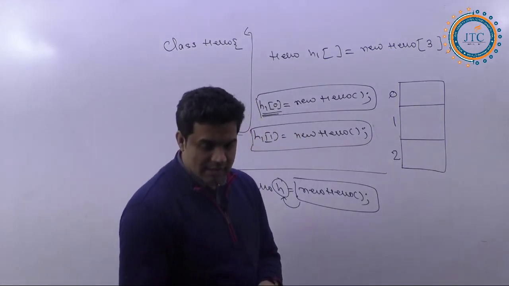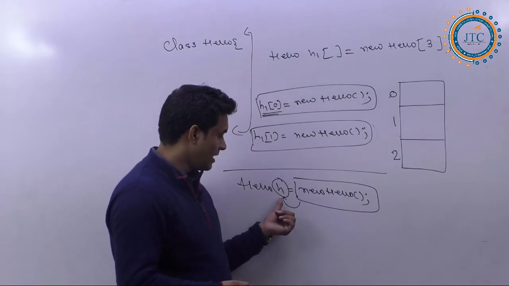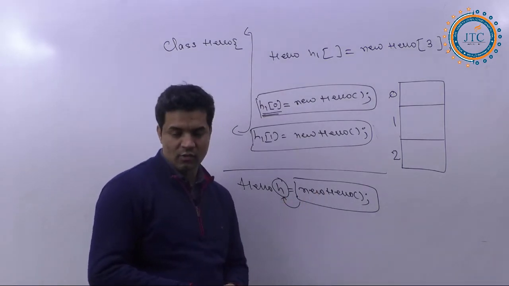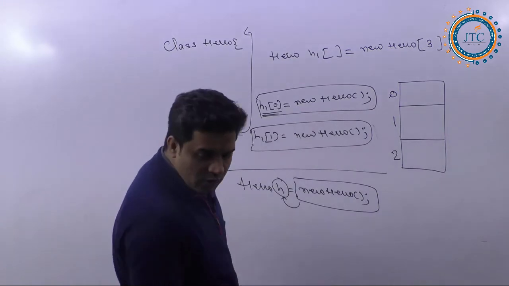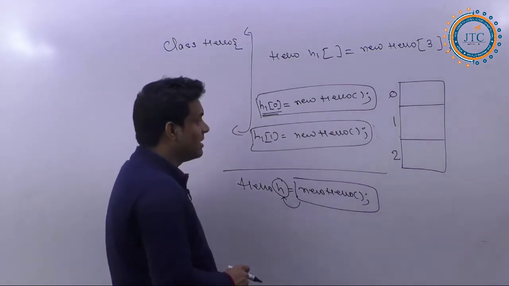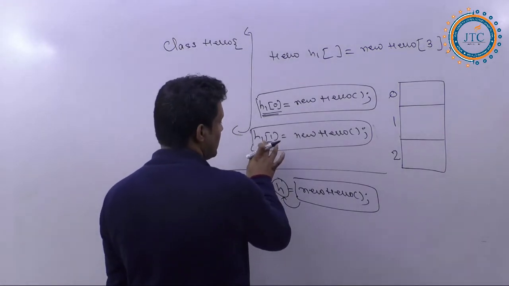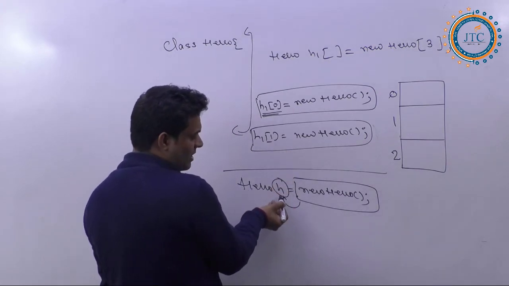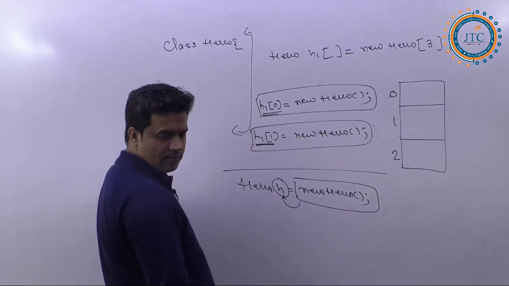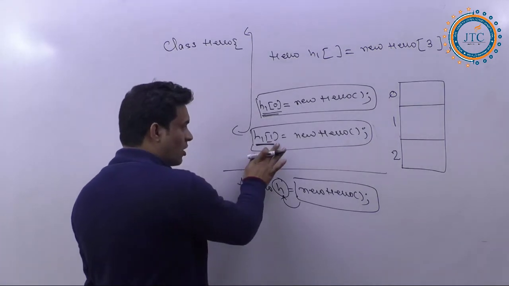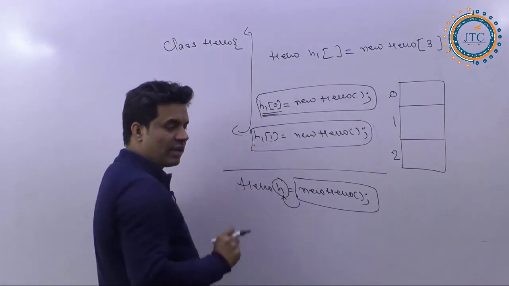Again, in this case, if I am writing h1 is equal to new Hello here, h1 is a kind of object reference variable. Similarly here also it is working the same way.